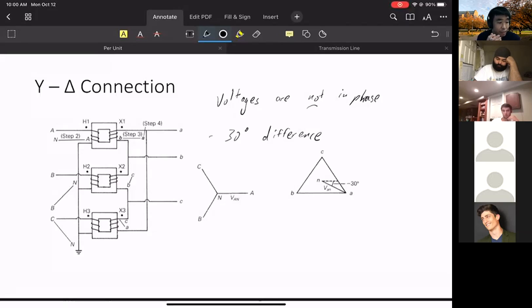So if you think about it, which connection do we see more often in practice? This is a practical issue, but do you think we see YY a lot, delta delta a lot, Y delta a lot, delta Y? Which do you think we see a lot?